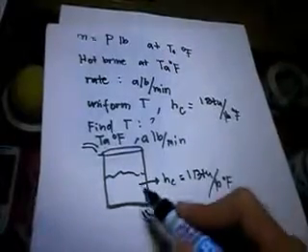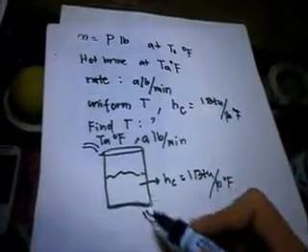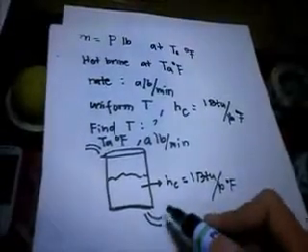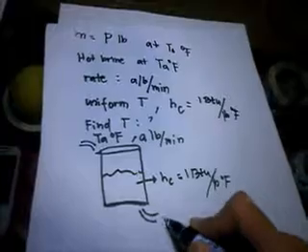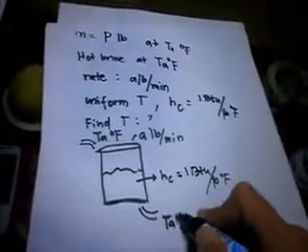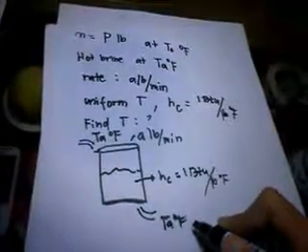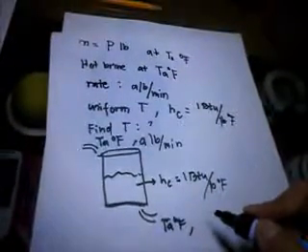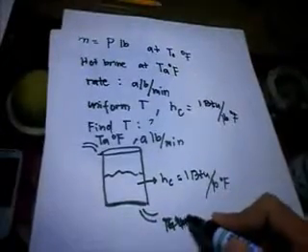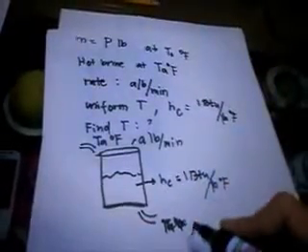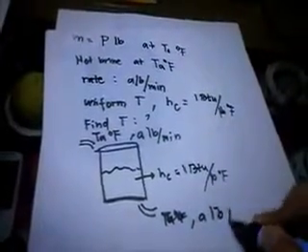So what comes in here, what's the temperature here? It is just equal to the temperature going out. So we have here TA degrees Fahrenheit, and the rate is also equal, 8 pounds per minute.